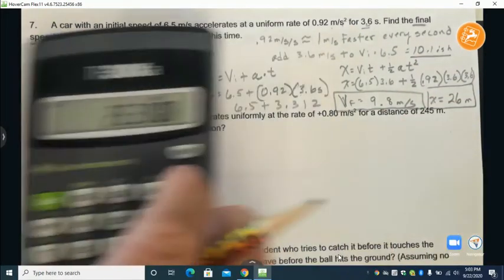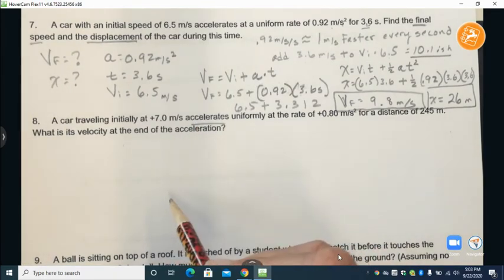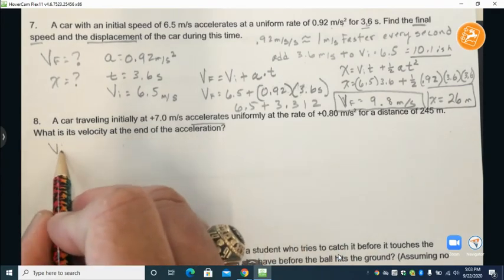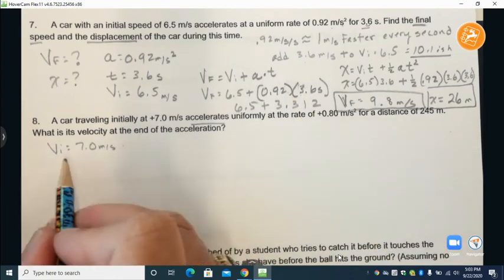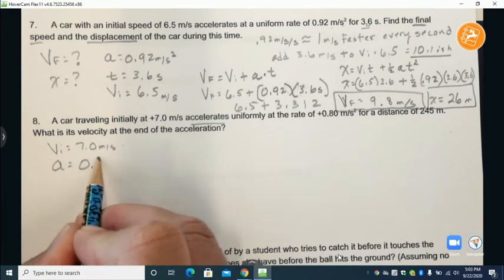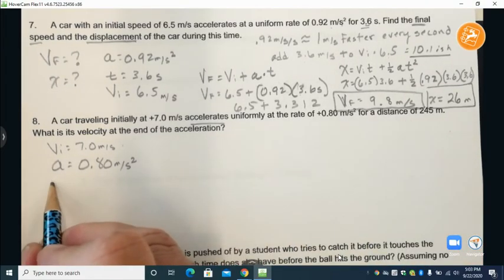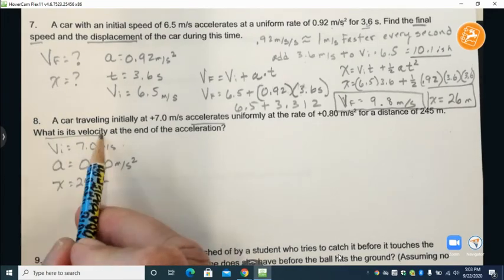Okay. All right, now let's look at number 8. Again, we have an acceleration, so we're using from that set of formulas where it is accelerating. We have an initial velocity of 7.0 meters per second, a rate of acceleration of 0.80 meters per second squared, and it does this for a distance of 245 meters. What's its final velocity?